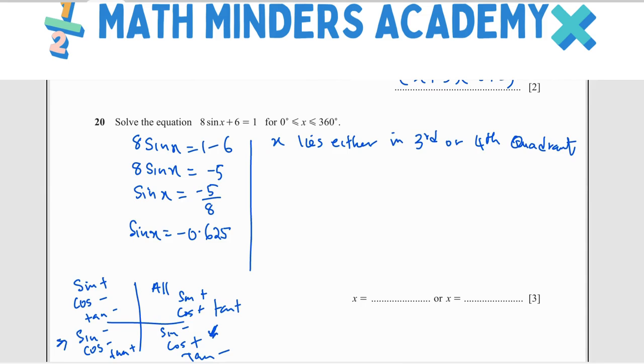The condition for the third quadrant, we have angles that are 180 plus the acute angle. So first, let's get the acute angle.